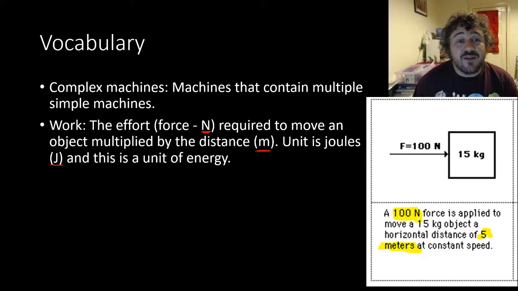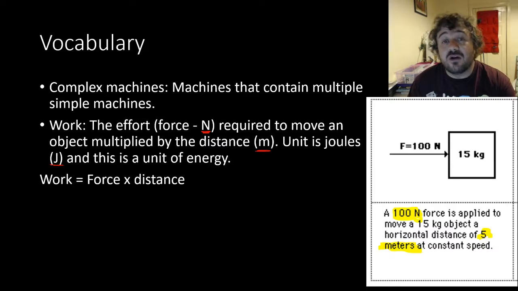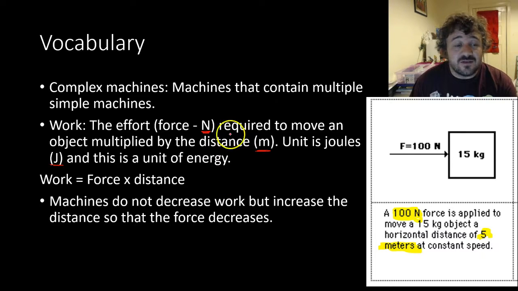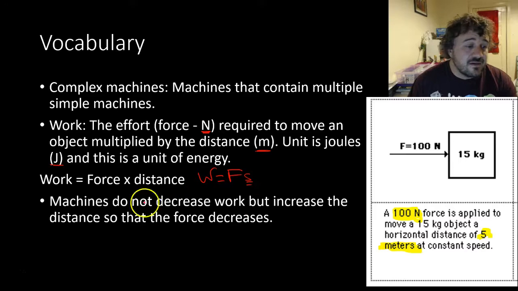So work is the amount of energy it requires to do something, or the effort, so force, times the distance you want to move something. So if we have a look at that as a question, we go work equals force times distance. By the way, if we were to write this as a straight formula, it would be work equals Fs. And s in physics or science is distance.